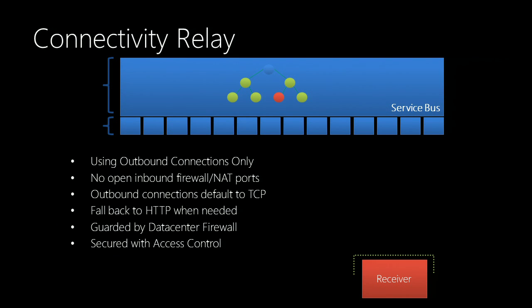We're using outbound TCP ports 9350 through 9354. If you don't have those open, we will detect that situation, and then we will fall back onto HTTP, which means we're creating a simulation of a bidirectional TCP socket over a pair of HTTP requests, which are plain on port 80, and then we're overlaying them with a structure that simulates TCP. So that's a connectivity relay in short terms.